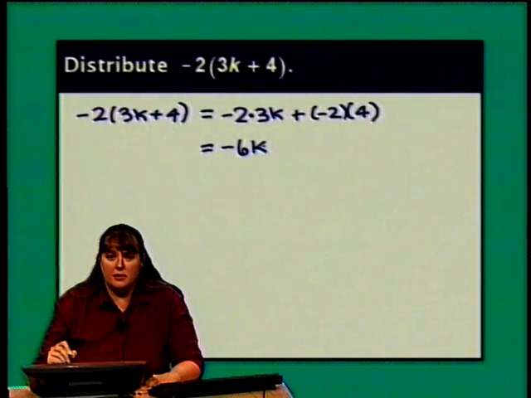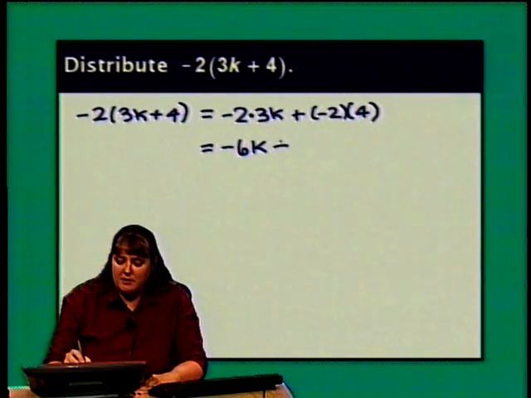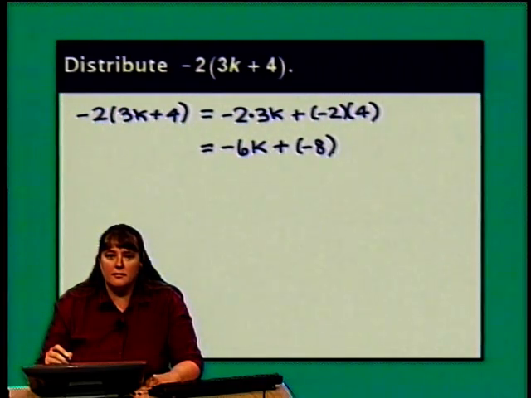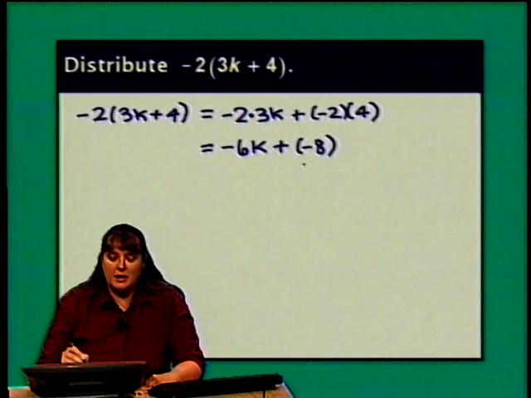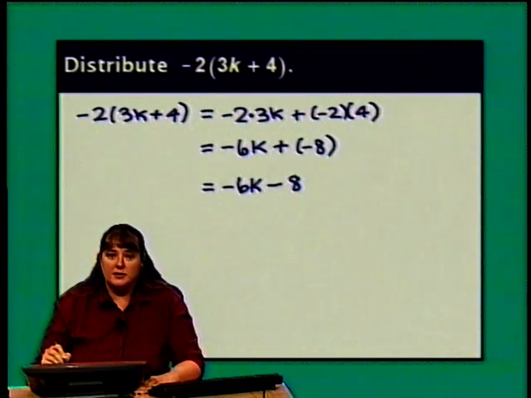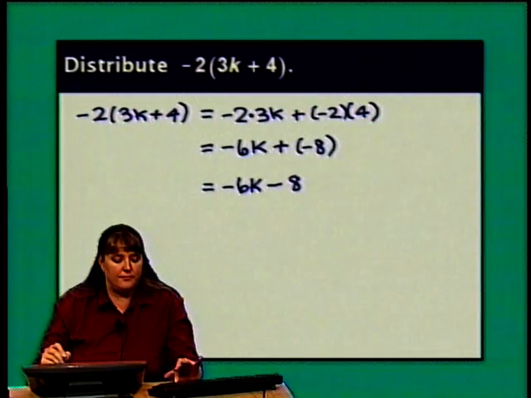Negative 2 times 4 is negative 8, so I have plus negative 8. Now I can rewrite this addition expression as a subtraction expression. I can rewrite this as negative 6k minus 8. Subtracting 8 is the same as adding negative 8.